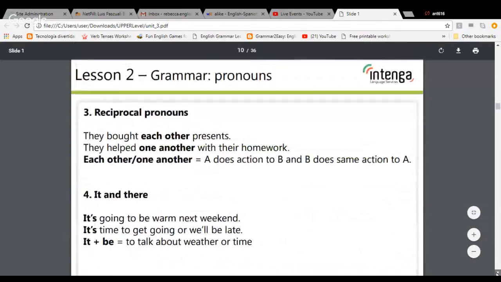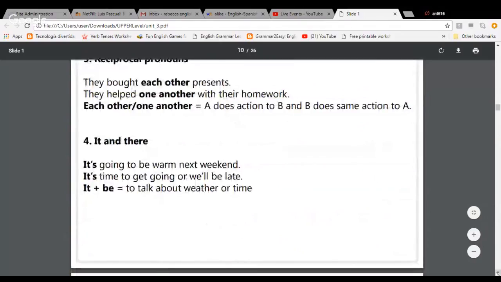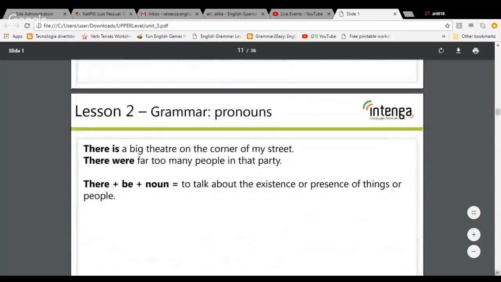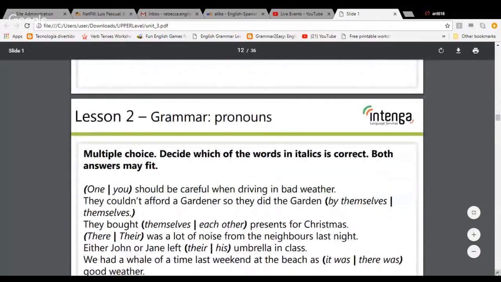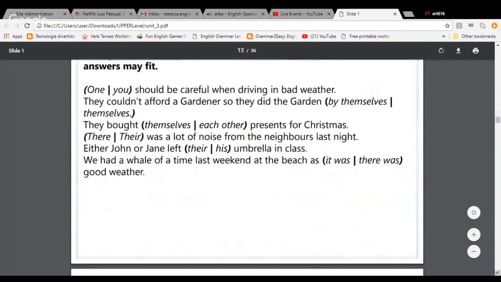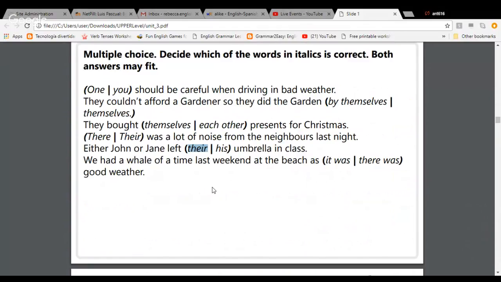Even if we say John left, well, we wouldn't say that. We know it's a boy. Alex, which is a gender-neutral name in English: Alex left their umbrella in class. You want to say their because you're not really sure if Alex is a boy or a girl. I see.